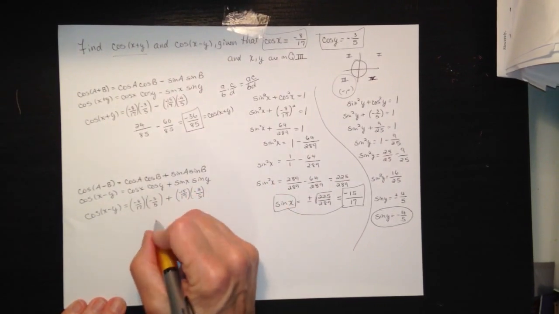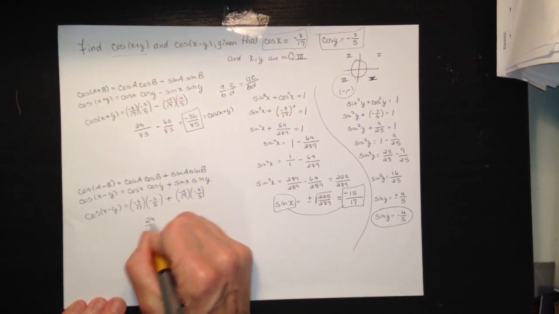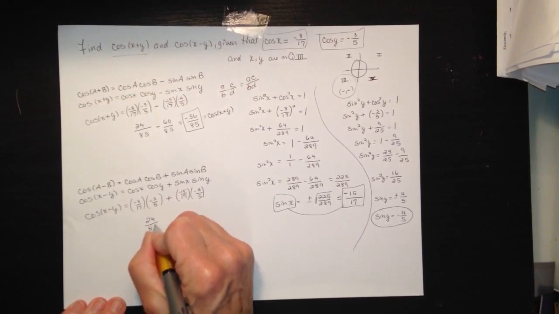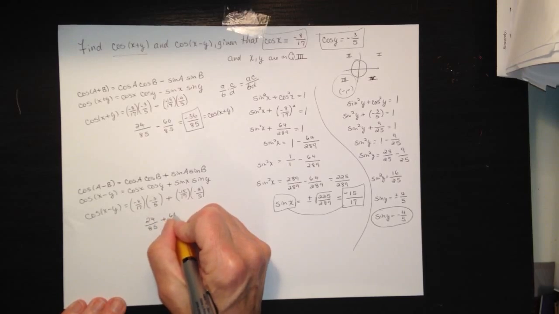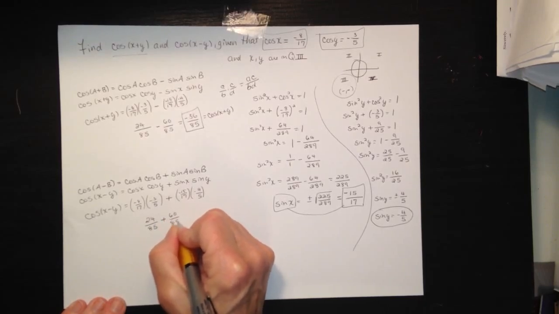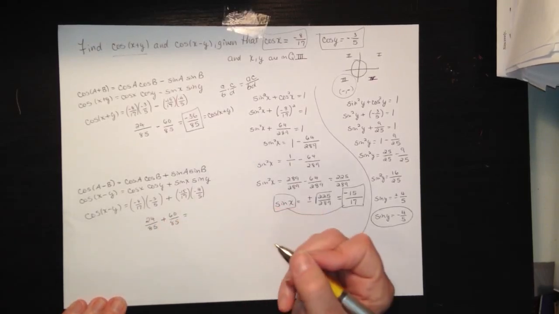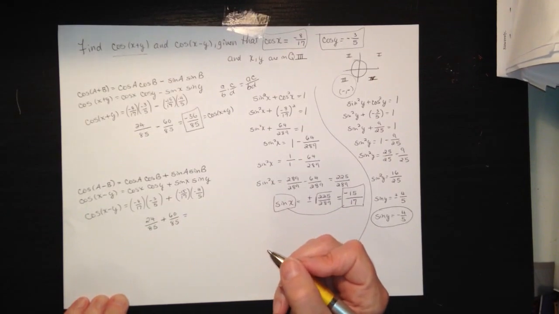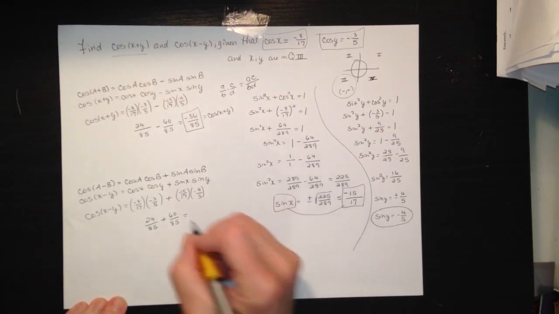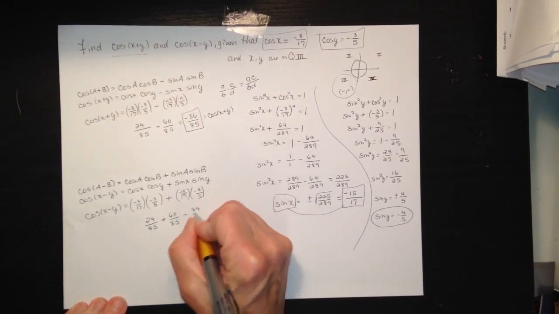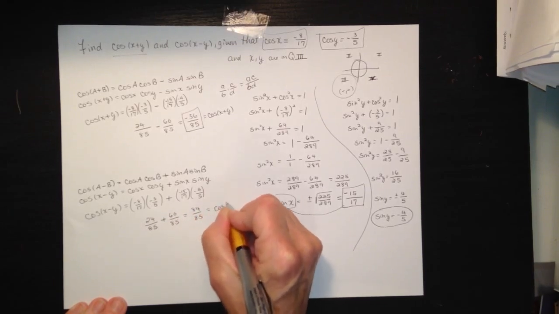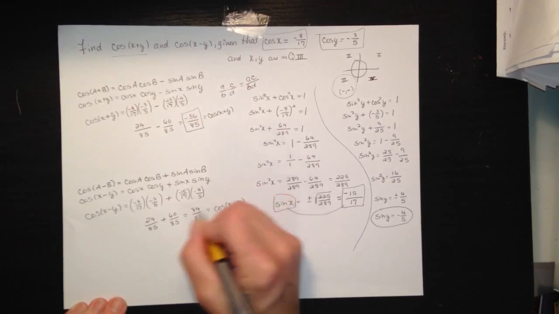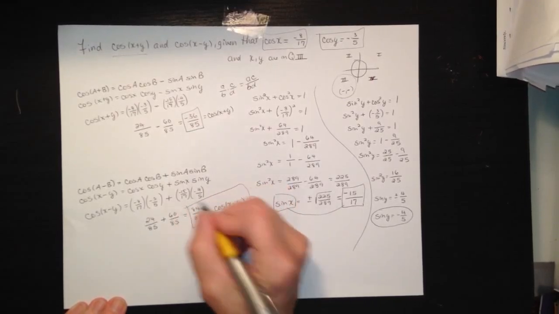Again, negative 8 times negative 3 gives me a positive 24. 17 times 5 is 85. Plus 15 times 4 is a positive 60 over 85. This time we add 24 and 60, which gives us 84 over 85. And this is what the cosine of x minus y equals.